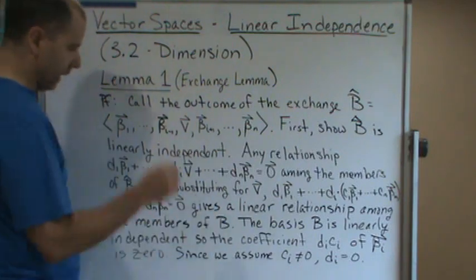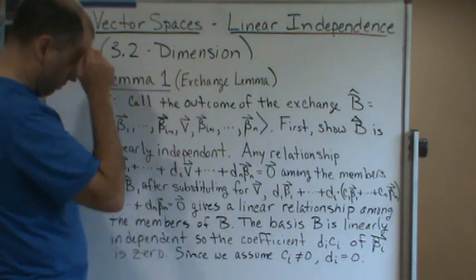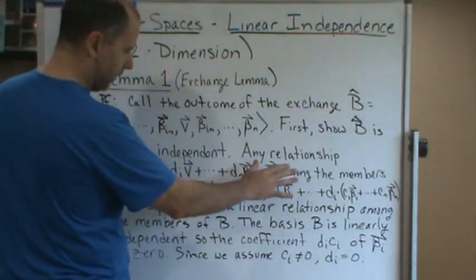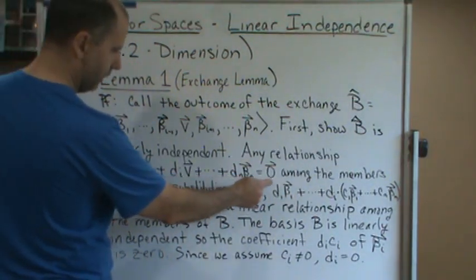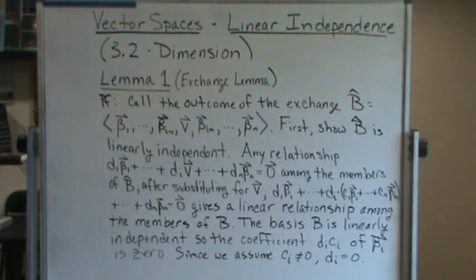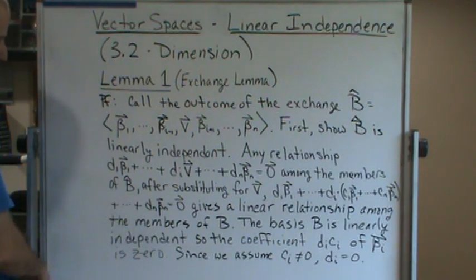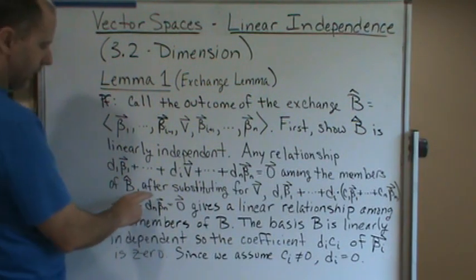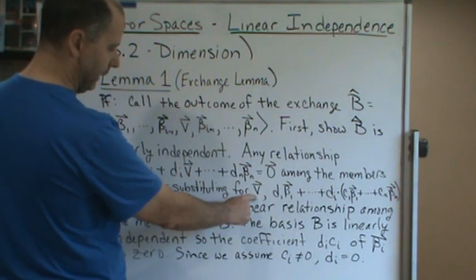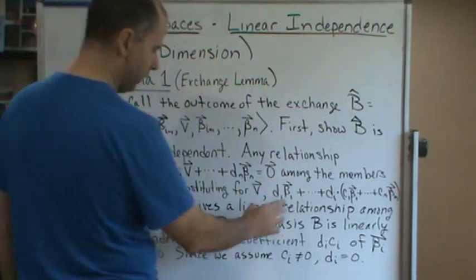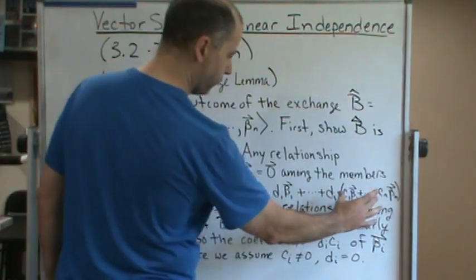So any relationship of these equals the zero vector among the members of beta hat. After substituting in for v, we get this. So all we're doing is taking v and substituting for what v is.